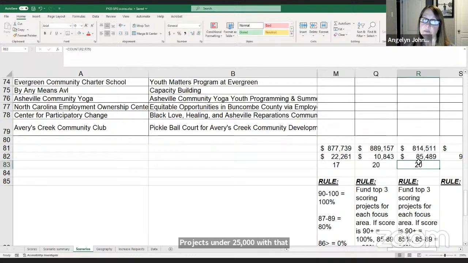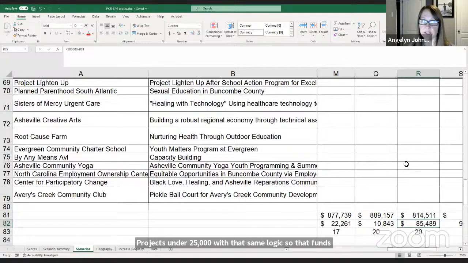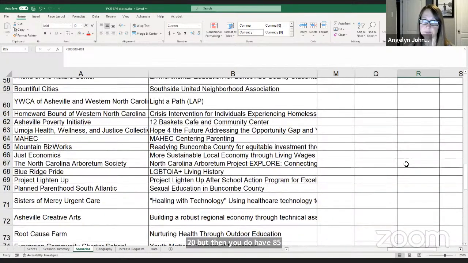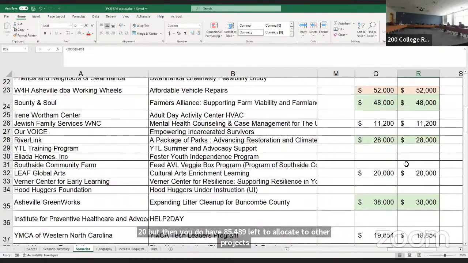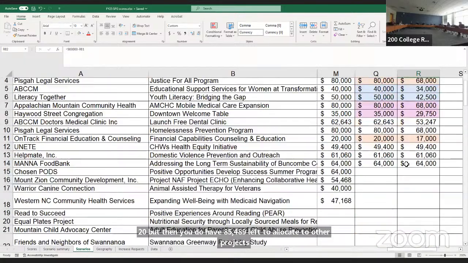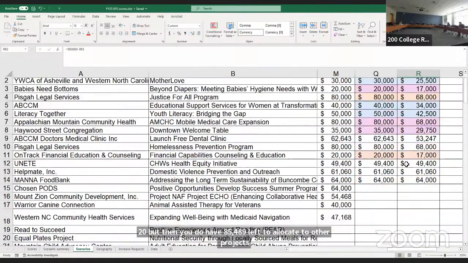So that funds 20, but then you do have 85,489 left to allocate to other projects. Okay, so can we see scenario 6, the locations of those projects?